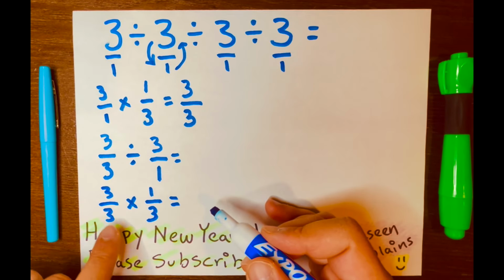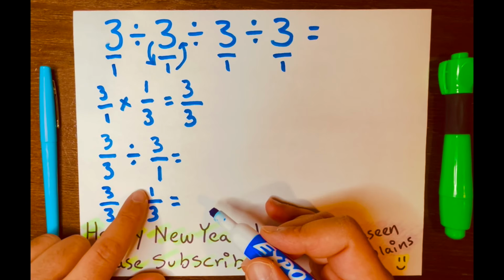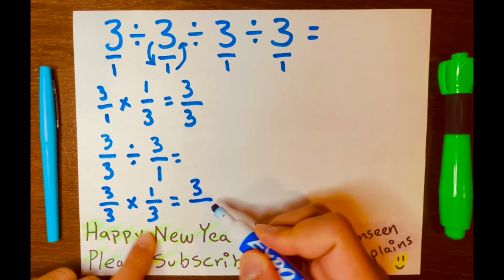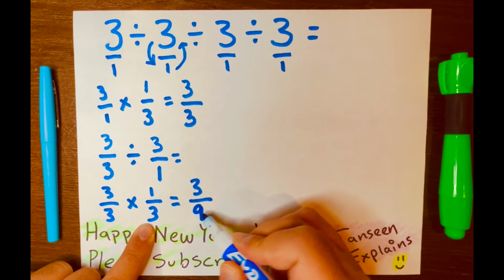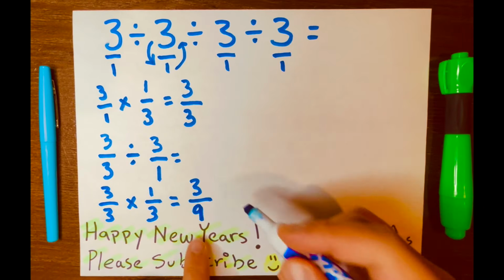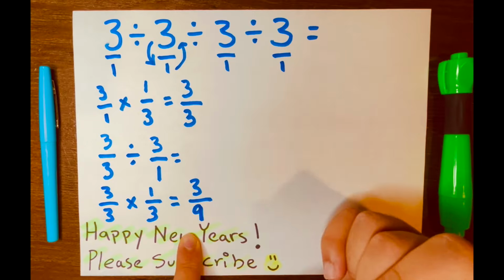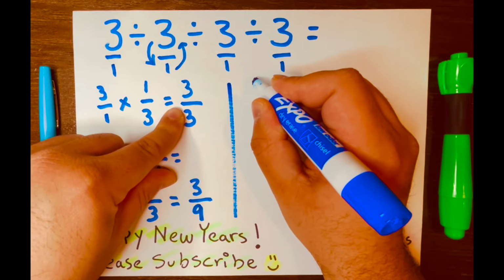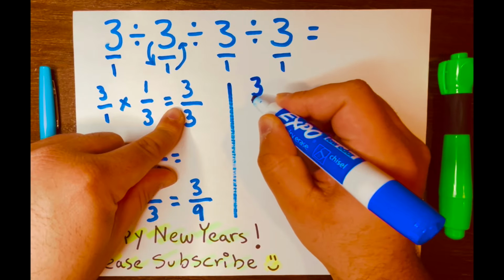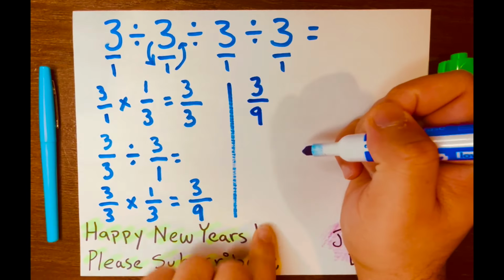So we multiply across. 3 times 1 is 3. 3 times 3 is 9, right? And now we have 3 over 9. Let's write it up here for space. So 3 over 9.